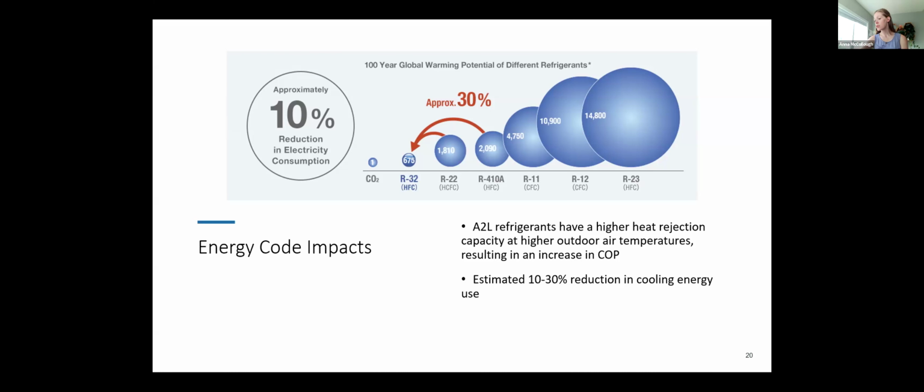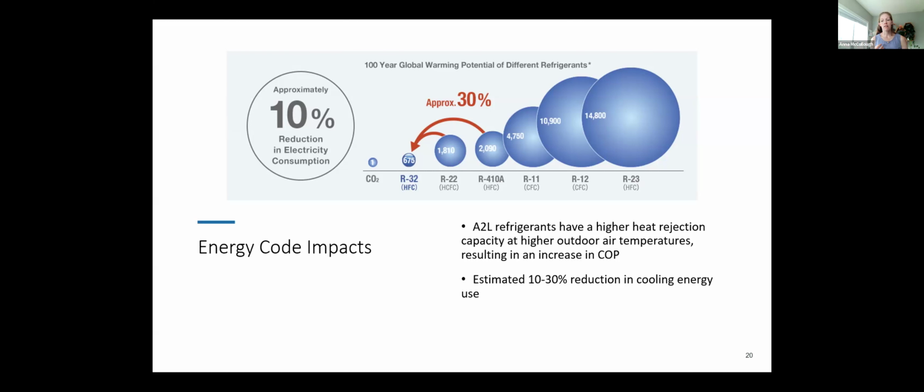We also will see that these systems are more efficient, so we can now use them to trade off within the efficiency calculations for Section C407 energy modeling, just by using more efficient equipment.